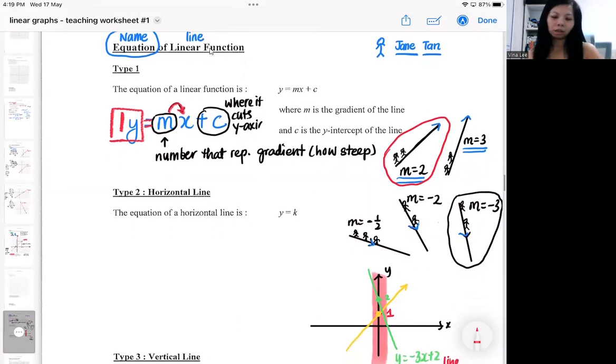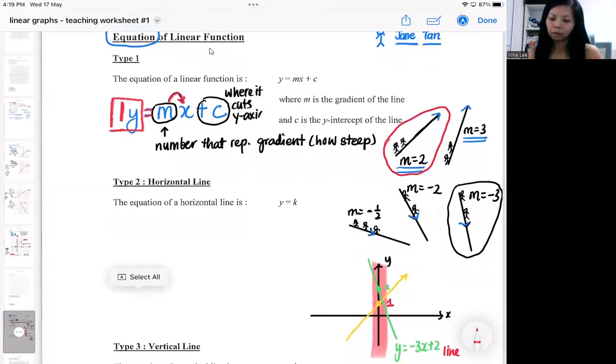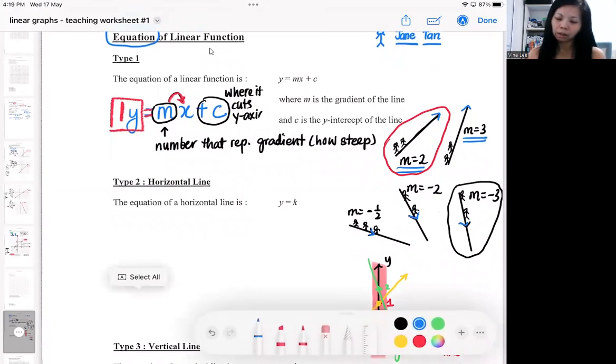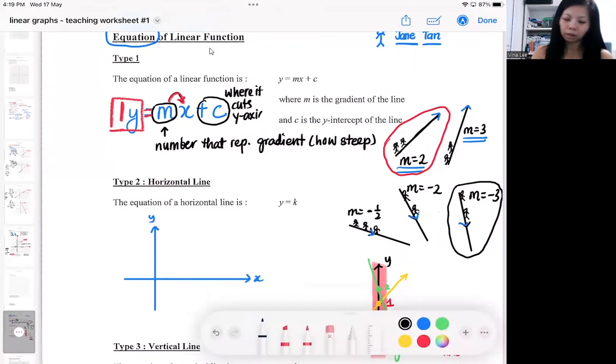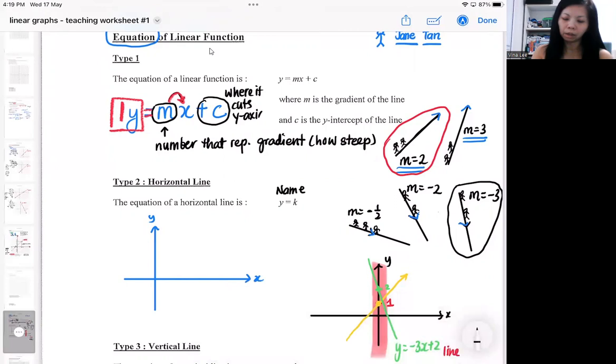The next one is a horizontal line. A horizontal line is a line that's totally flat. The name will be like this. This is the name of a horizontal line. It will be y equal to something. For example, this is 1, so this line is y equal to 1.